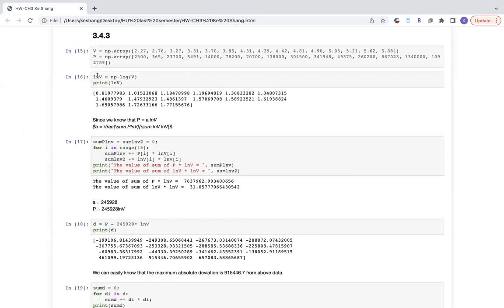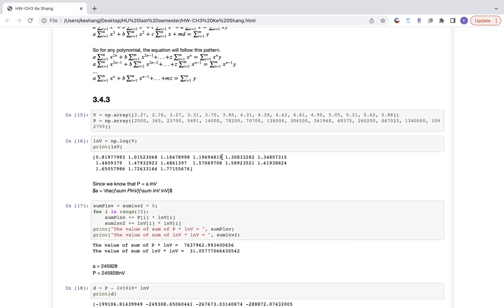Okay, let me see the problem from 4b in section 3.1. It gives us the equation p is equal to a times ln v. It asks us to fit this equation.